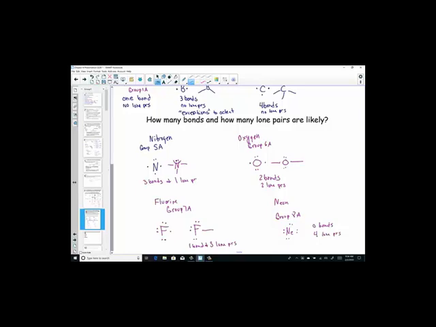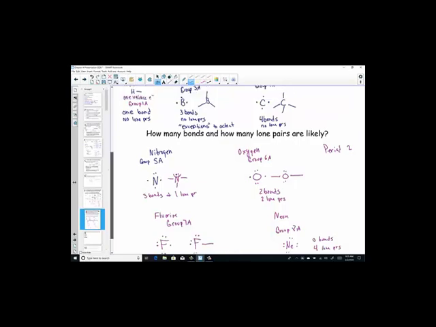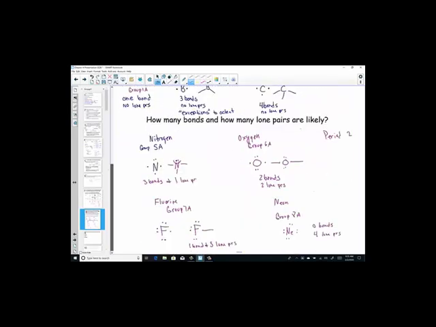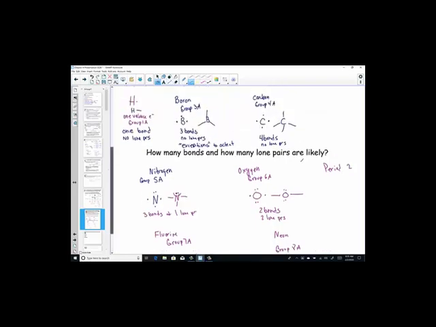So we've investigated period 2, all of the non-metals, plus hydrogen really. Hydrogen, with its 1 valence electron, forms 1 bond only. Boron, with 3 valence electrons, had 3 bonds. Carbon, with 4 valence electrons, wanted 4 bonds.